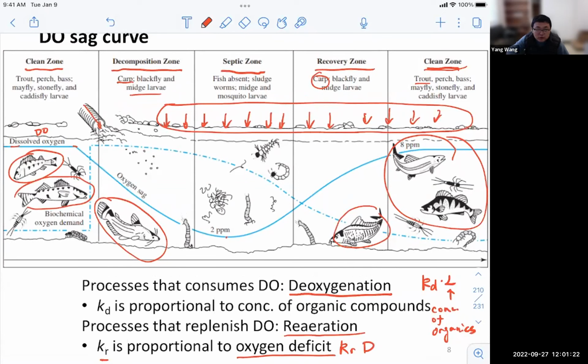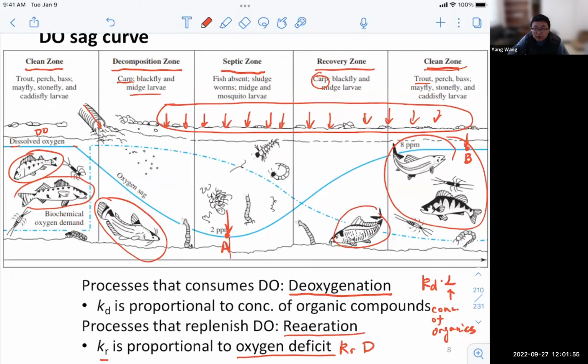So let's think of two extremes. Let's look at this location here and this location here, say A and B. Which location is going to have a higher reaeration rate? The rate of oxygen getting pumped back into the river, the reaeration rate, is going to be higher at A compared to B. That's mainly because at A you have much lower oxygen concentration and basically need more oxygen.